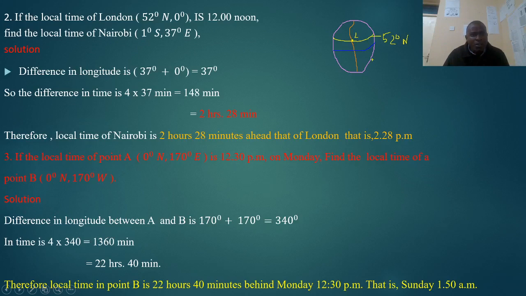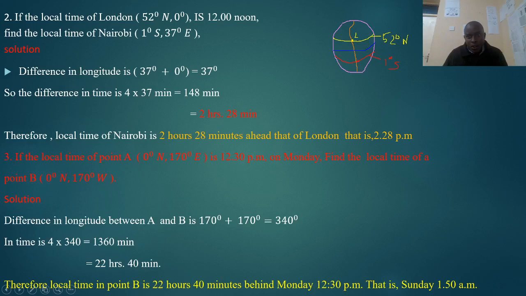And then you also have Nairobi, 1 degree south. Okay, I've just moved it too much, but it's okay. It's just a sketch, but you need to also calculate mathematically.